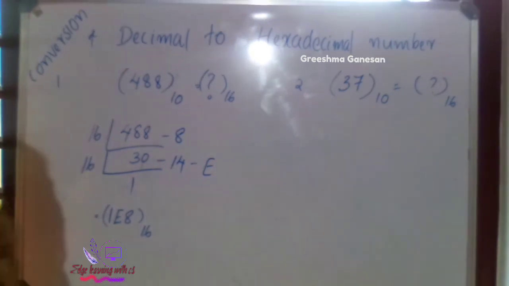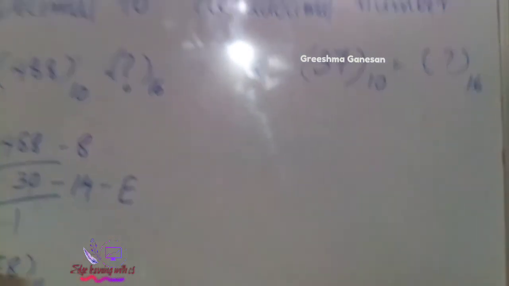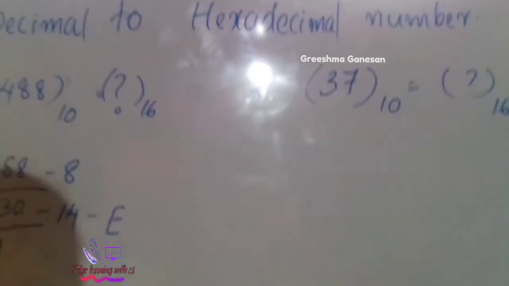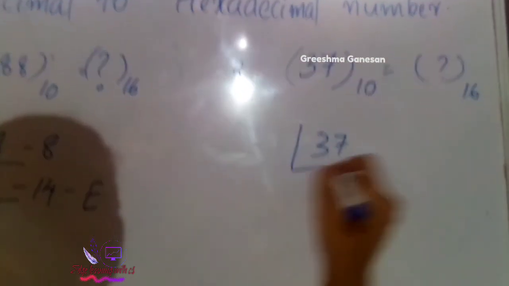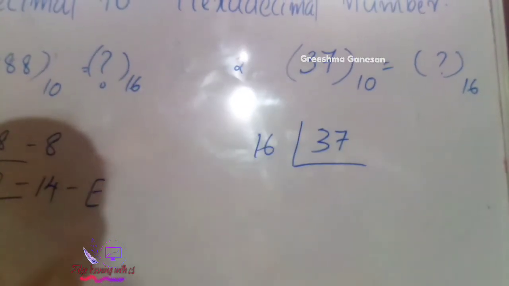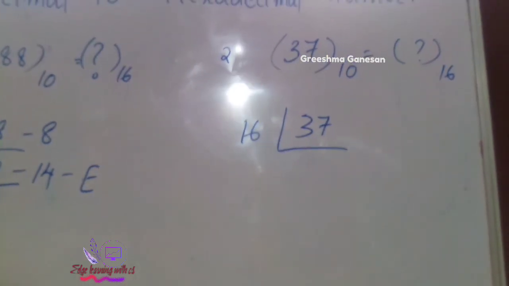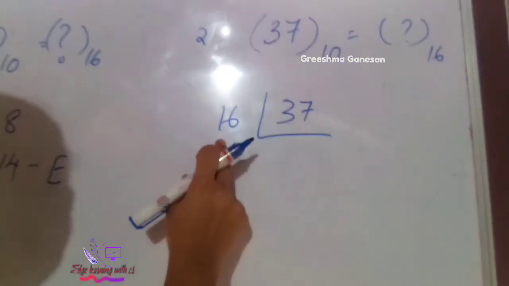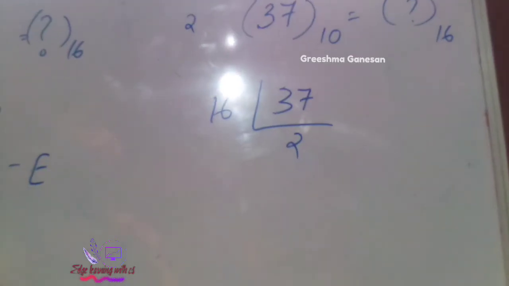So we have the next example. In the next question you can find the number is 37. Just rewrite it and start dividing it by the number 16. 37 by 16. 2 16s will be 32.